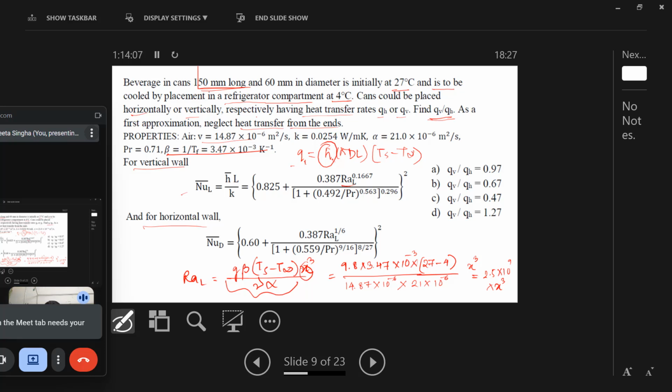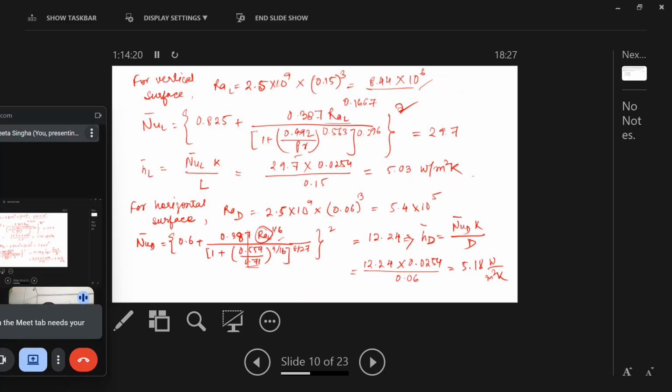So the only thing different varying here is this h. Others all are same. Ts minus T infinite is constant, the same for both. And area also doesn't change. It's the same for both. So what we have to calculate is QV by QH is equal to HL by HD. So it's 5.03 divided by 5.18. It comes to be around 0.97.